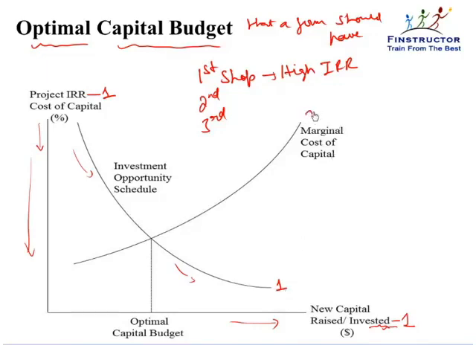So that's one half of the curve that we need to understand. Now for the second curve, the y-axis or the left hand side is the cost of capital, and the x-axis is the new capital raised. That is, as I raise more and more capital, as I raise more debt, and as I raise more equity, what will happen to my cost of capital? The cost of capital will keep moving up, because lending $10 to me, or for me to borrow $10, is easy.